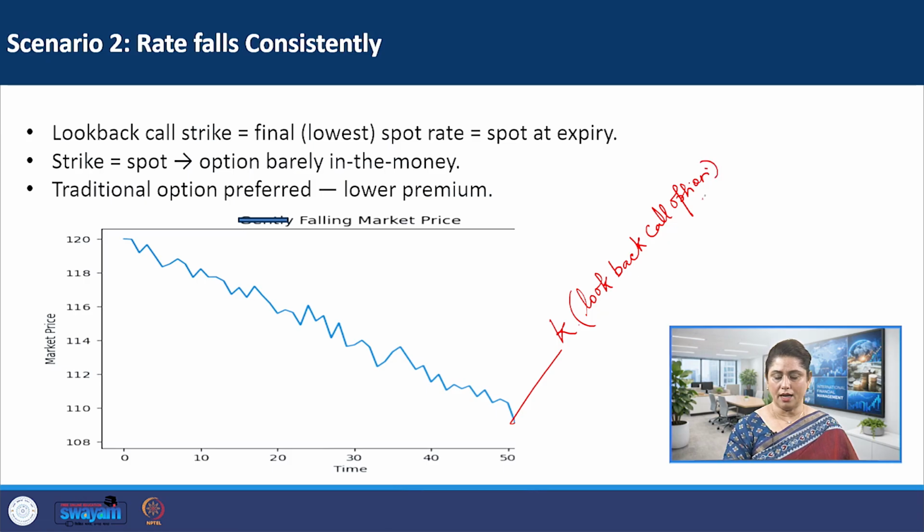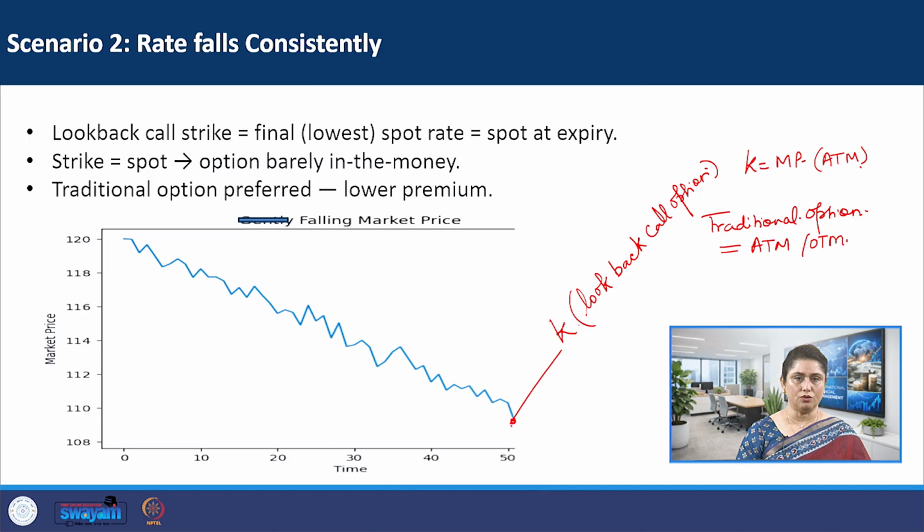Now here at this point, K will be equal to the market price and hence it will become an at-the-money option. Even if we take the traditional option, it is going to be the same, that is, it will also be at the money or out of the money, because whether it is the traditional option or the lookback option, you buy from the market only, not from the option.